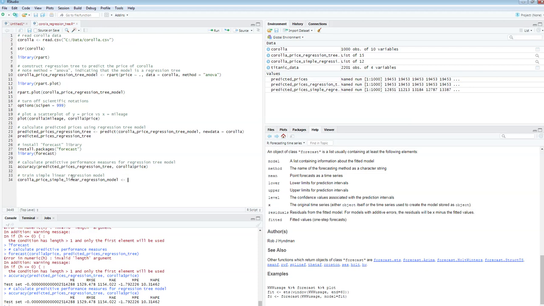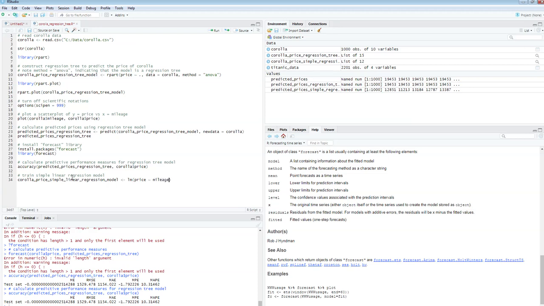If you remember from the previous video, the way I train this model is lm. lm stands for linear model. First I have to specify what my model is, so that would be price tilde. Since this is simple, that means that I have only one predictor, and that would be mileage, right?